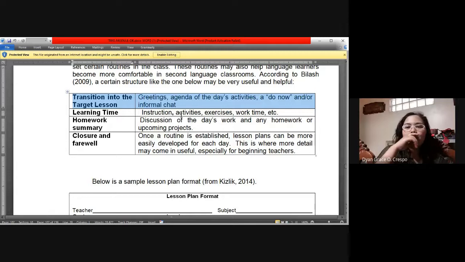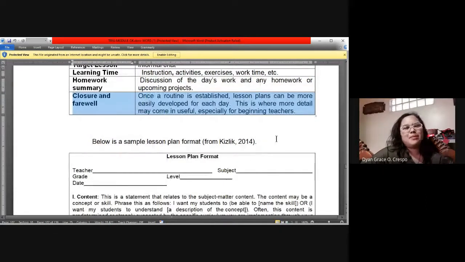Then, learning time: instruction, activities, exercises, work time, etc. Kasama yan. Homework summary, discussion of the day's work, homework, and upcoming projects. And closure and farewell. So once the routine is established, lesson plans can be more easily developed for each day. So sa umpisa lang naman kayo mahihirapan mag-lesson plan. Pero sa mga susunod, it will be easier for you. Alam na alam mo na yung gagawin mo.